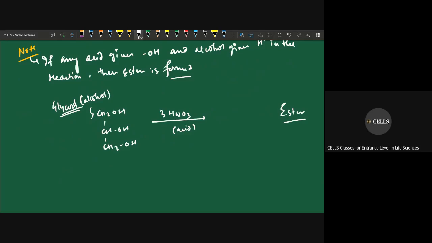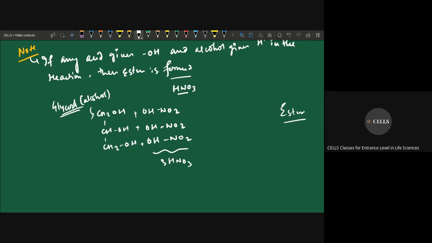Let's see how it's happening. We have 3 nitric acids. Acid will release OH. We know this is HNO3, but we will write OH over here; one H and one O are gone, so NO2. OH, NO2. OH, NO2. This was the 3 HNO3.